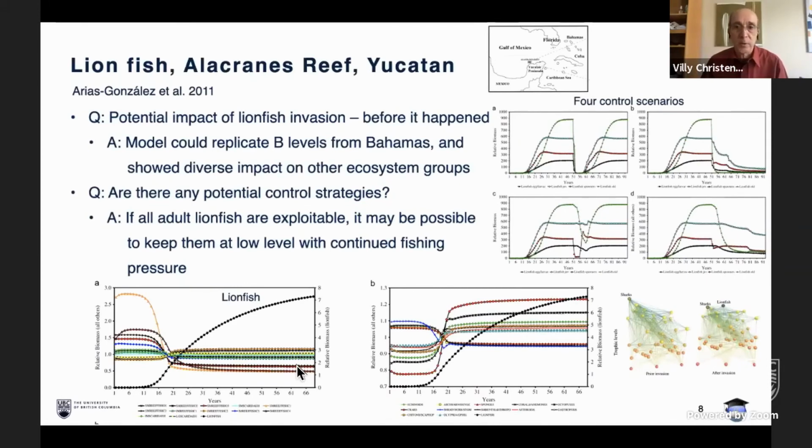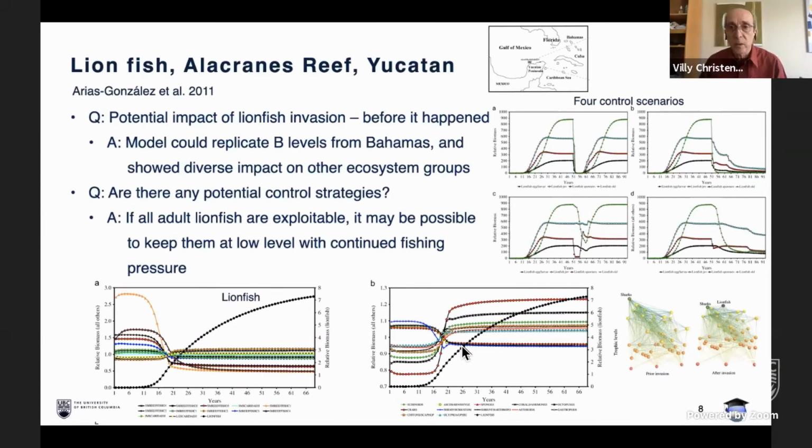And actually, I talked about a lot of this, but what we did for this was to look at 4 control scenarios. And the conclusion from this was the impact of lionfish would have consequences for many of its prey. That's on the lower left graph. But other groups may actually benefit from this invasion.